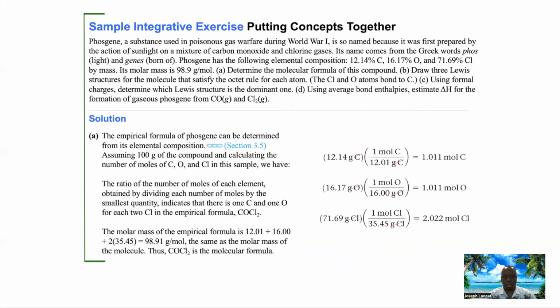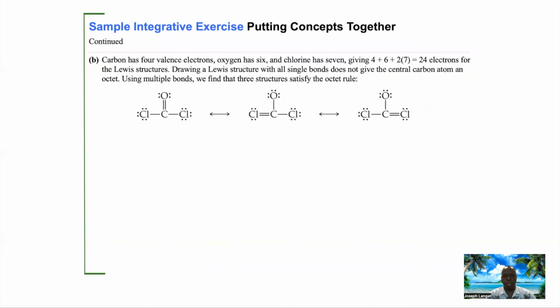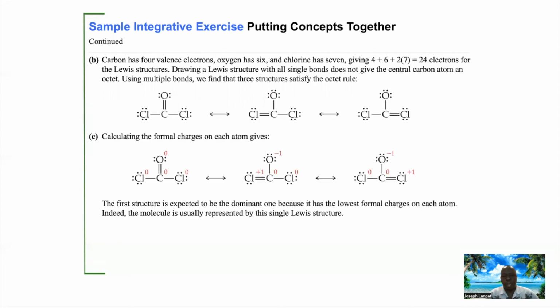This is just walking you through determination of the structure. Here is what I want us to look at in determining the bond enthalpy, that we have to break the carbon chlorine, carbon double bond oxygen, carbon chlorine atom, all right, in order to determine the bond enthalpies.